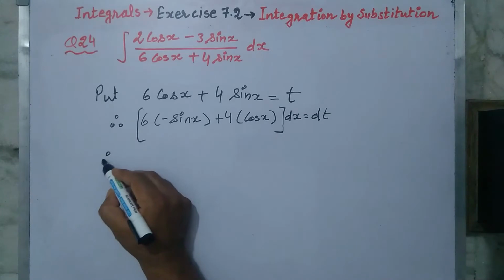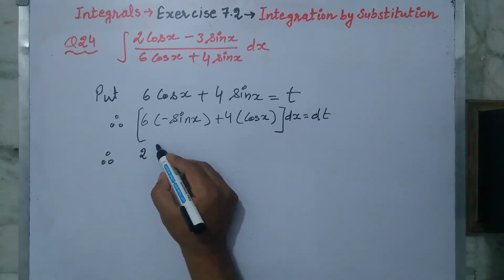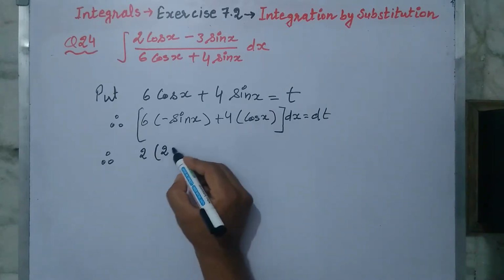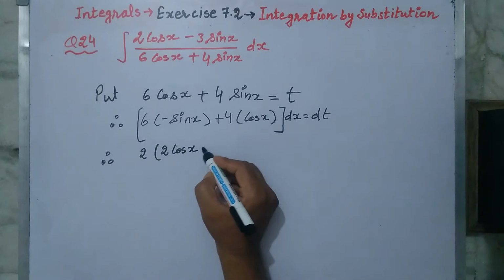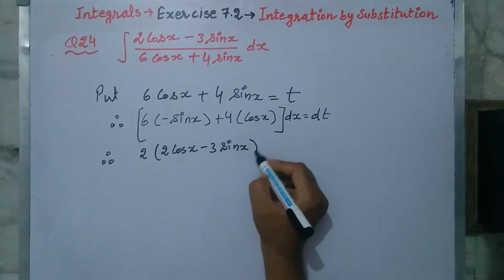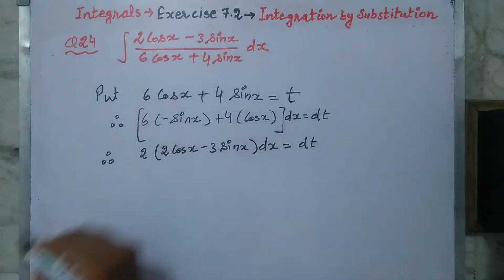Therefore, taking 2 common, we are left with 2 cos x minus 3 sin x into dx is equal to dt.